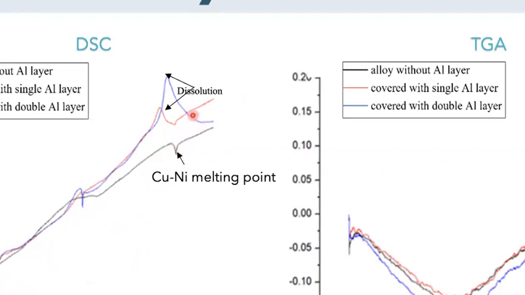For the samples with the aluminum layer, there are two peaks, here the dissolution of the aluminum into aluminum particles. For the TGA, we can see that the samples with the thicker aluminum layer have more mass gain, which means oxidation happens more with more aluminum layer.